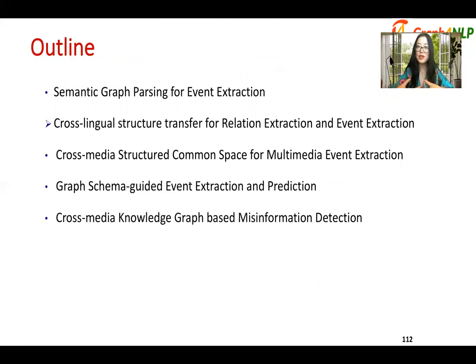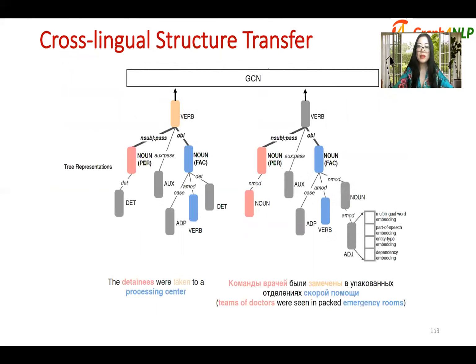of extraction results. And now that's only applied for English, right? So now let's talk about how we can further leverage the graph structure to improve the portability to transfer IE from one language to another. So the basic idea is very simple.